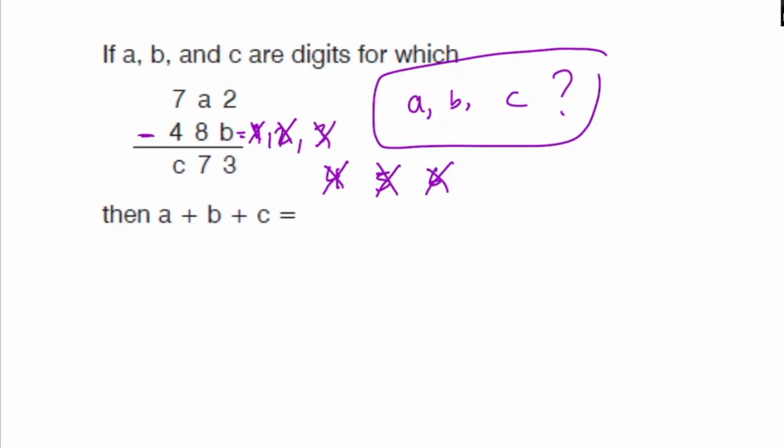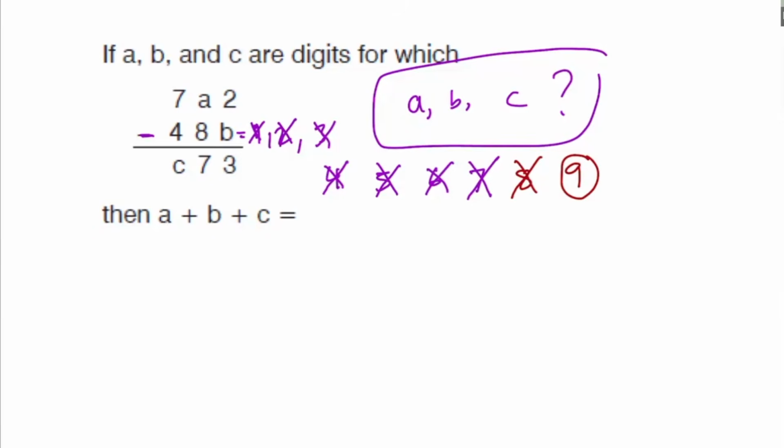What about 7? No. What about 8? What about 9? Maybe. 9 is the best candidate. Why is B 9?